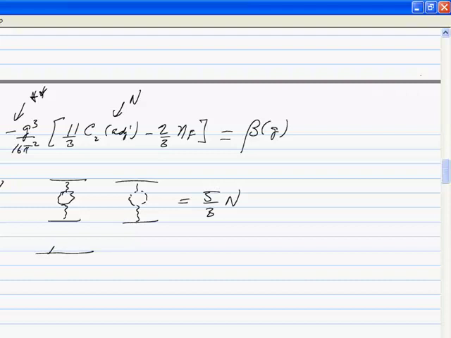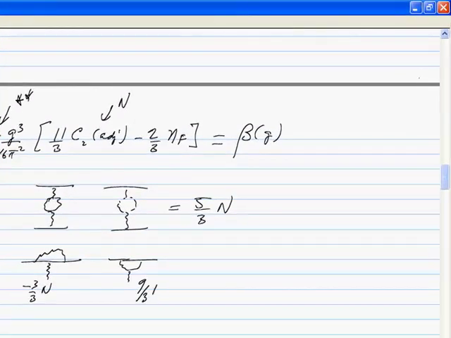However, there's also some stuff that comes from here, that diagram, and some from that diagram. This one is minus 3/3 n. Of course, clearly that's 1, but just to put it in the same units. And this one is 9/3 n, so I get 6/3 n from the total of those.